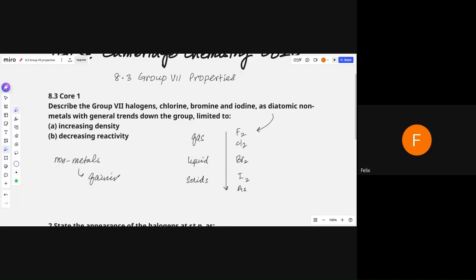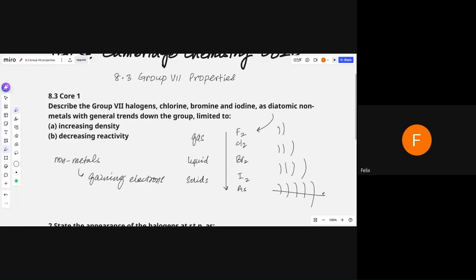Since the atoms get bigger as we move down the group. Fluorine will have two shells. Chlorine, we have 1, 2, 3. Bromine, we have 1, 2, 3, 4. Iodine, 1, 2, 3, 4, 5. Astatine, we will have 6, right?